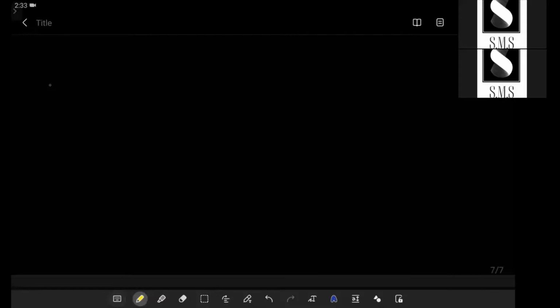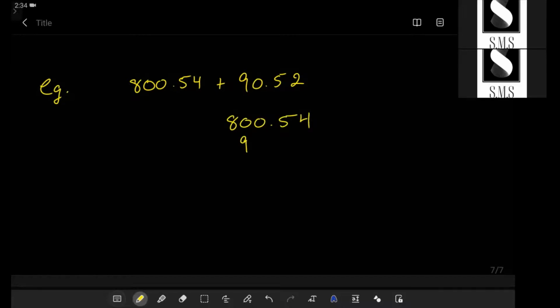So for example, we have 800.54 plus 90.52. How will I add this? I will write my first number and then line up my place values. All right, so the hundreds column, the tenths column, ones, tens, hundreds, and so on.